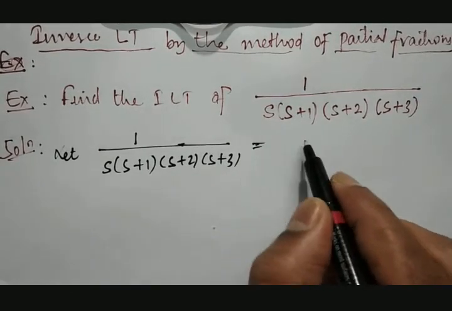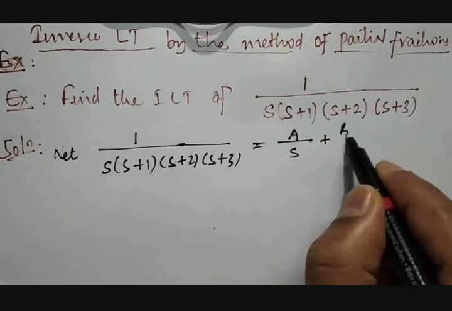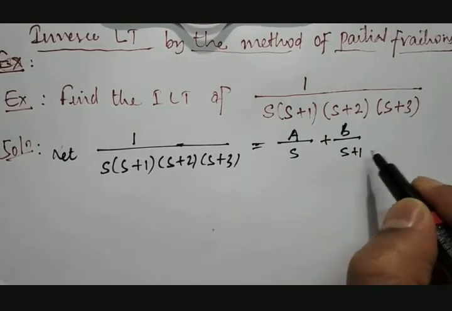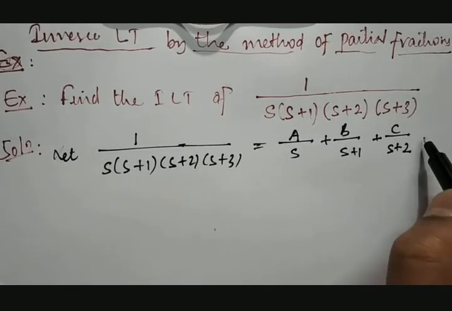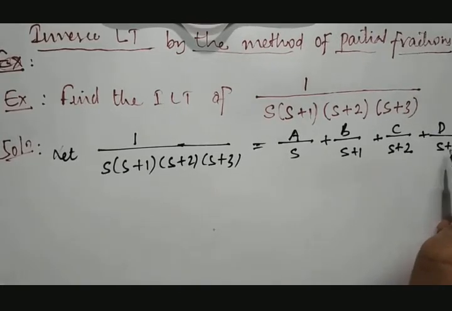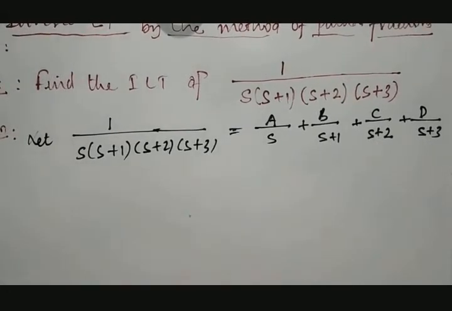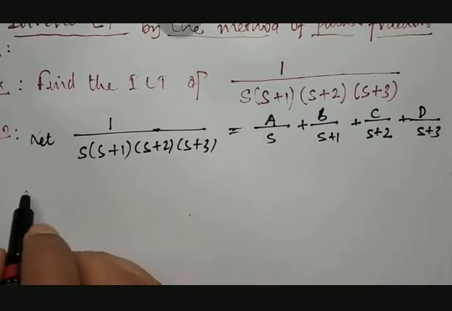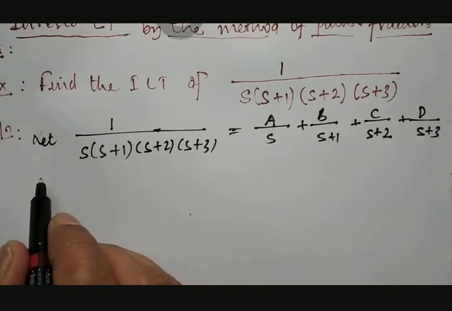By partial fraction method, it is A divided by s plus B divided by (s plus 1) plus C divided by (s plus 2) plus D divided by (s plus 3). Okay. Therefore, by partial fraction method, how do you take?